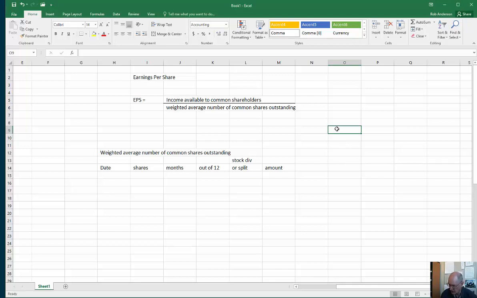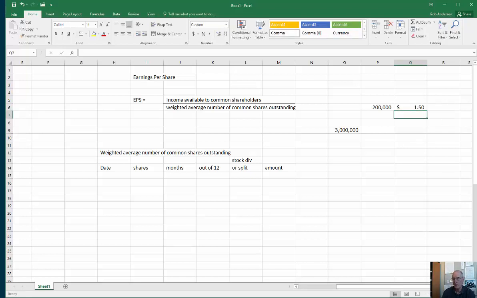Company earns $3 million, okay? And here's your $3 million. Now let's just say that we have 200,000 preferred shares, and that these shares each receive a dividend. I'm just going to make this money. They receive a dividend of $1.50.